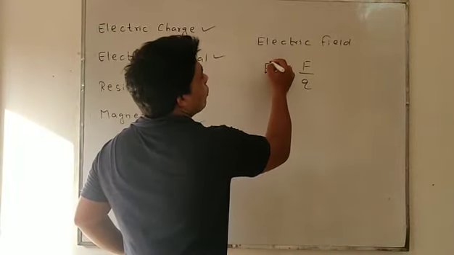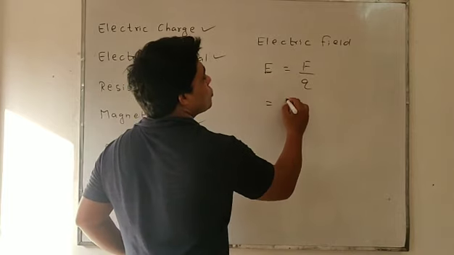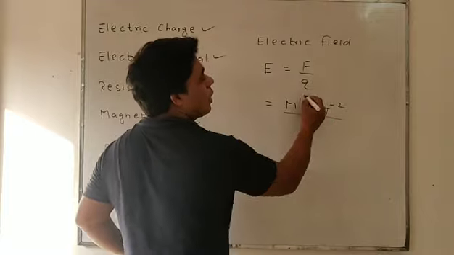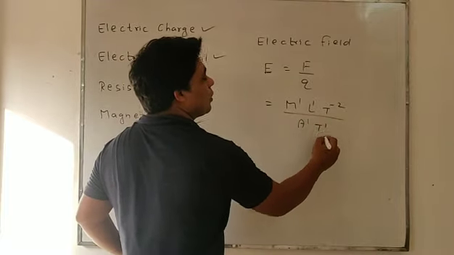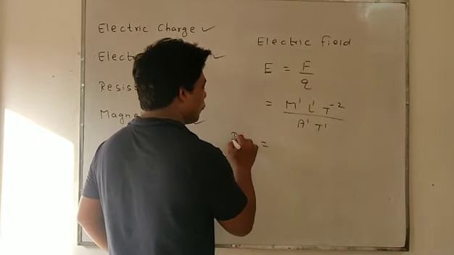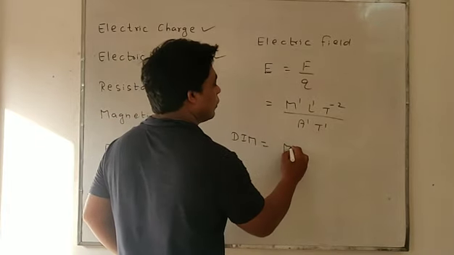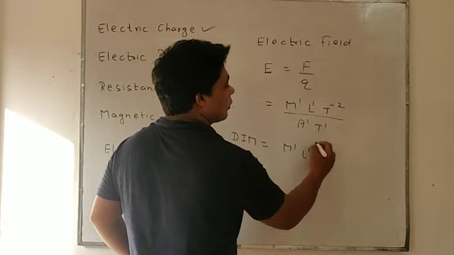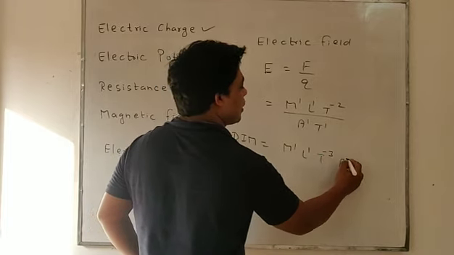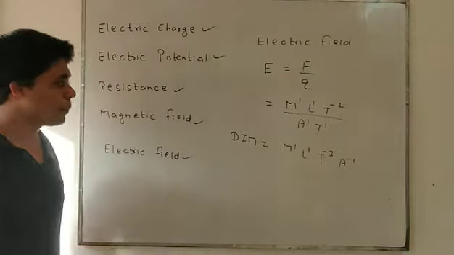So now we can write force M1 L1 T minus 2 and charge A1 T1, current into time. So what will be the dimension of electric field? M1 L1, transfer T1 upwards, T minus 3 and A minus 1, that is the dimension of electric field.